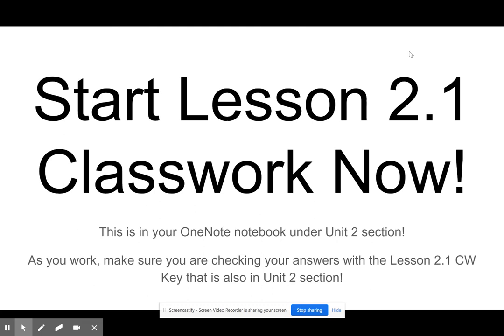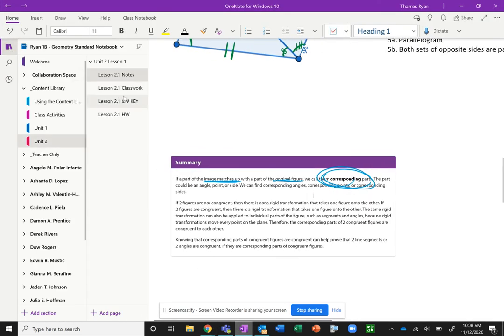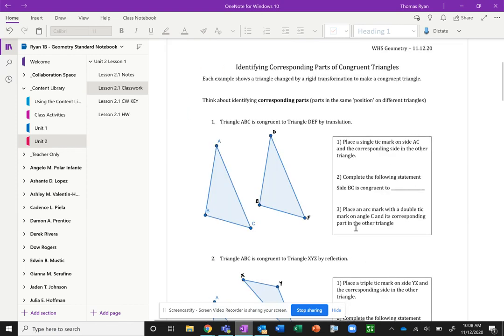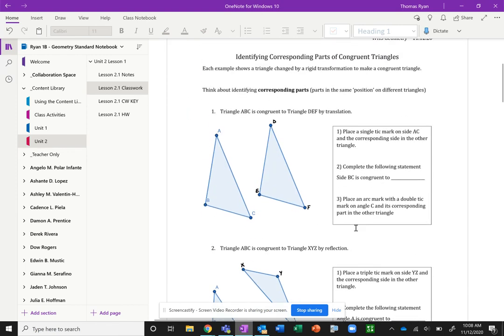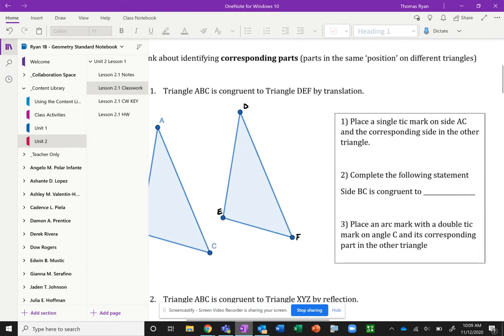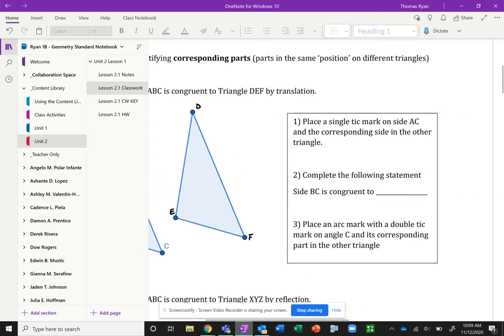Okay? So let me just show you that real quick. So in OneNote, it should say Lesson 2.1 classwork. And look, you got all these congruent triangles, and each problem has 1, 2, 3 things that you are asked to do. Maybe you're asked to put a tick mark. Like here in number 1, maybe you're asked to state which side is congruent in the other triangle.